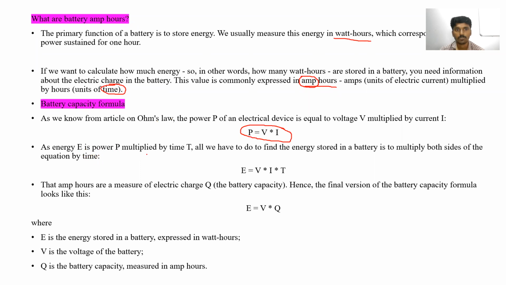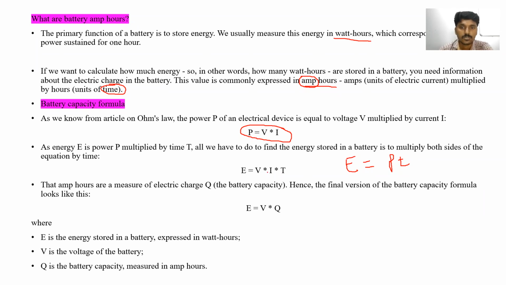Energy is the power P multiplied by time T. E is equal to P into T, where P is V into I. So energy E is equal to V into I into T.